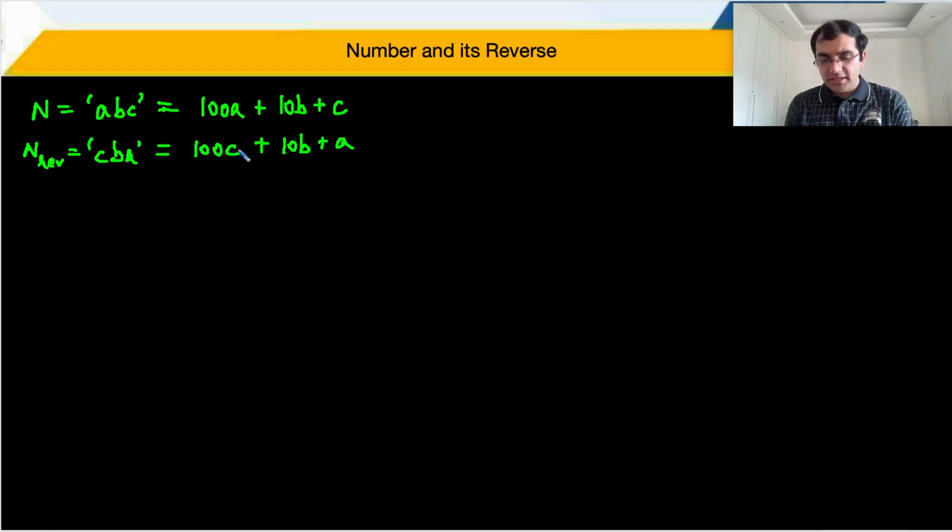And the thing is that it is not giving me any kind of useful result that a question might be based on. So I will not calculate the sum of a three-digit number and its reverse. We'll directly go for difference.